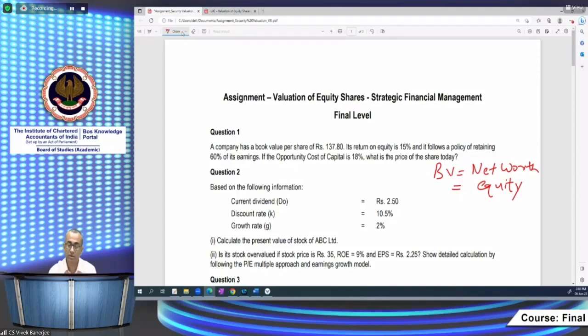You have to calculate D0. I would also recommend you to read the question very carefully and try to make out how to solve it. Then the next process of solving the question becomes easier.